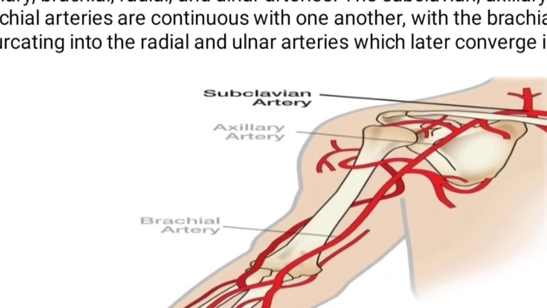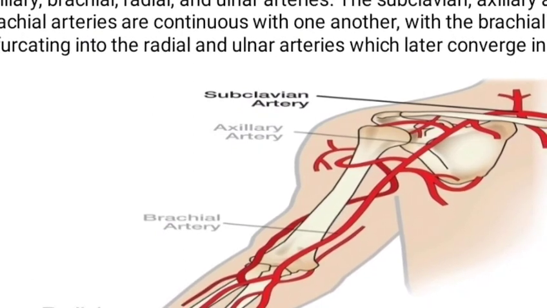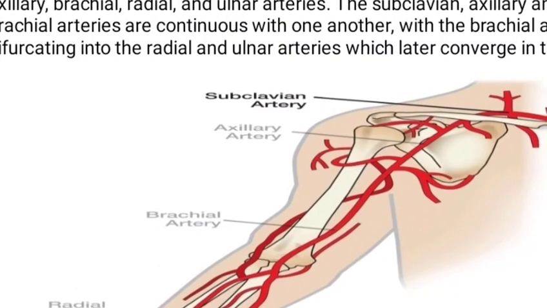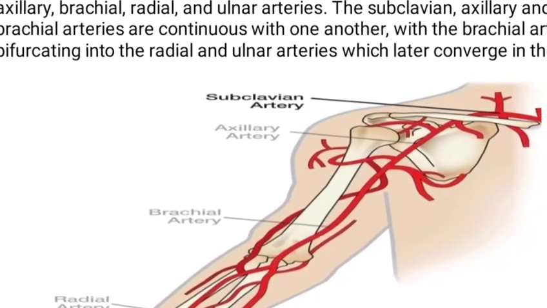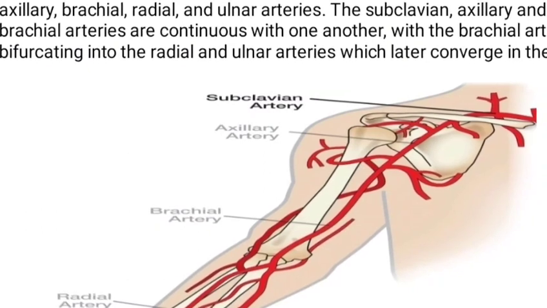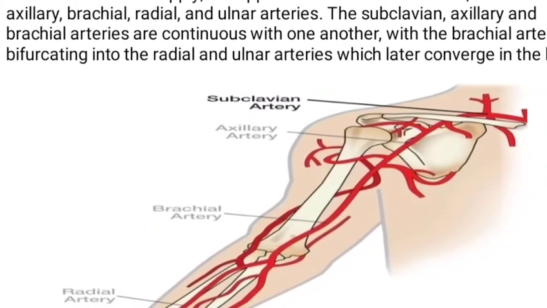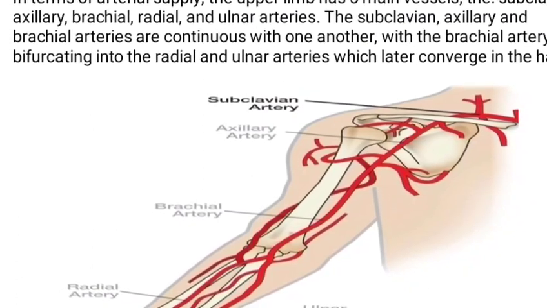Question number 5. Veins of upper limb. In terms of arterial supply, the upper limb has 5 main vessels: subclavian, axillary, brachial, radial, and ulnar arteries.